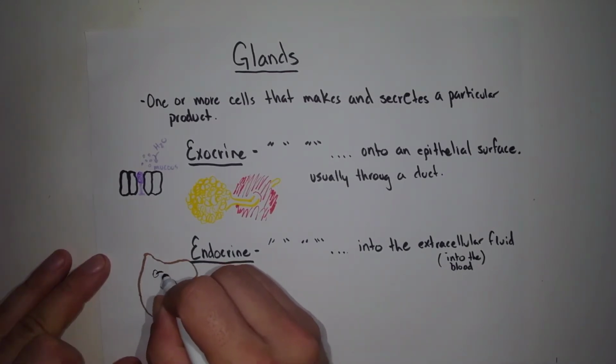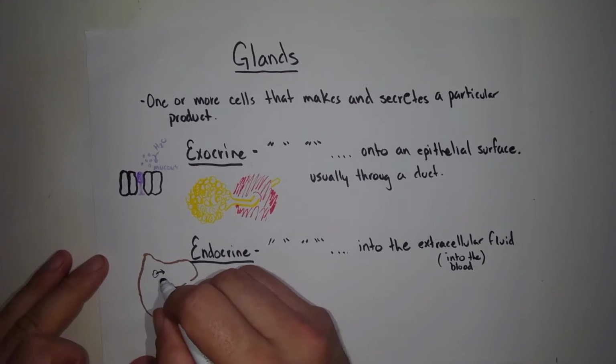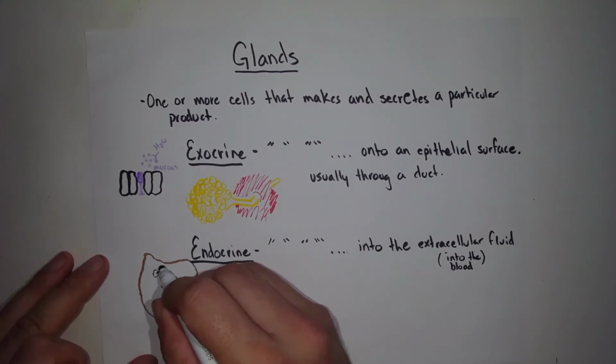And when these cells produce those molecules, for example angiotensinogen, these products end up in the extracellular fluid around that cell.